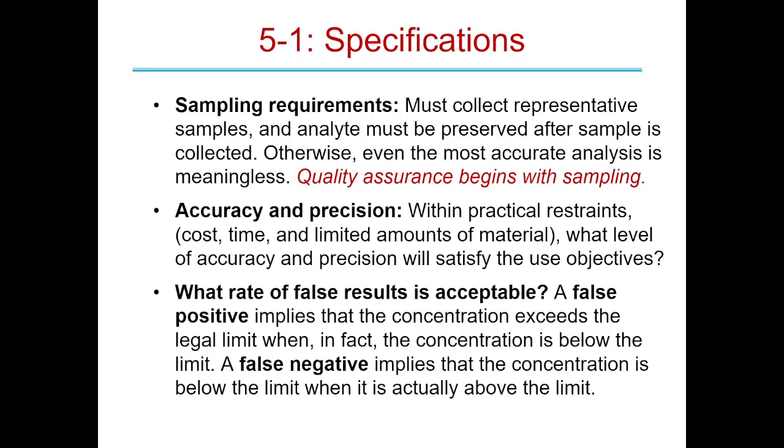You remember when they were detecting people had COVID when they weren't, and it came back as just thousands and thousands of tests that were positive, and they weren't. Again, that was because they didn't know the limit of the viral load that caused COVID to occur, and so they were giving false positives in a tremendous number of them, right? A false negative implies that the concentration is below the limit when it is actually above the limit.